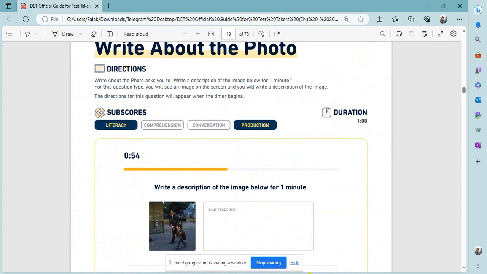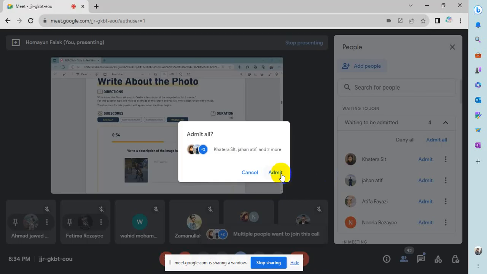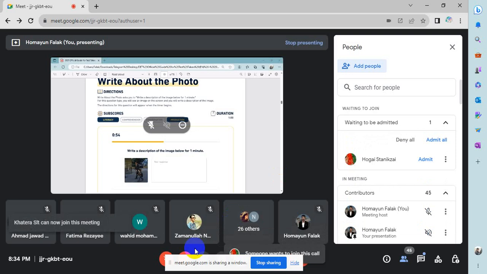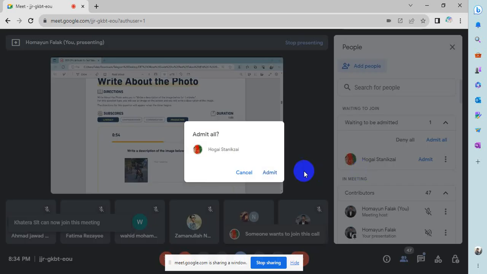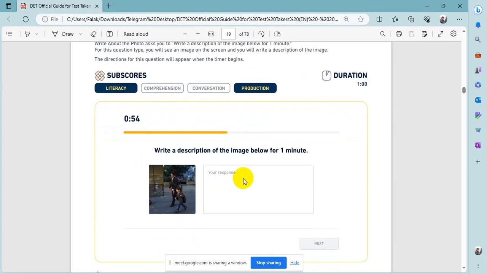The next question type was write about the photo. We spoke about this question type in the last session. There is a photo and you're supposed to write about that photo. We spoke about how to begin and how to write about it, because you have just 1 minute. This question type particularly goes to the sub-score of literacy and production.